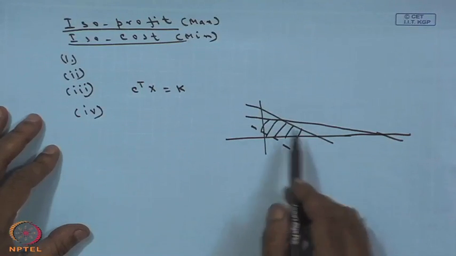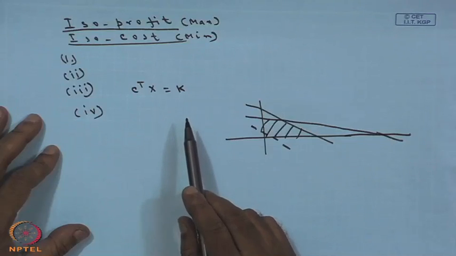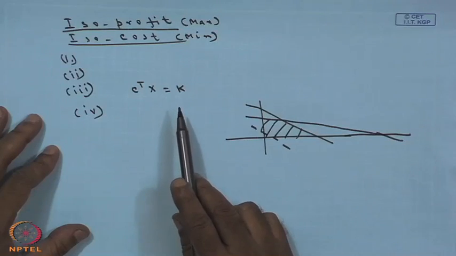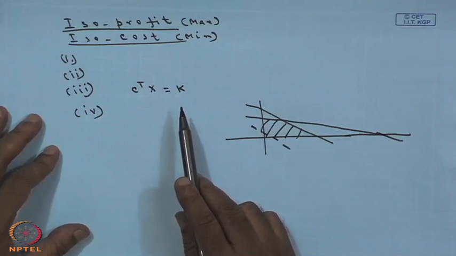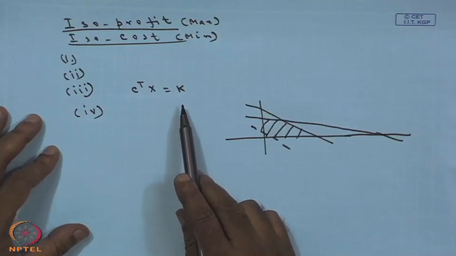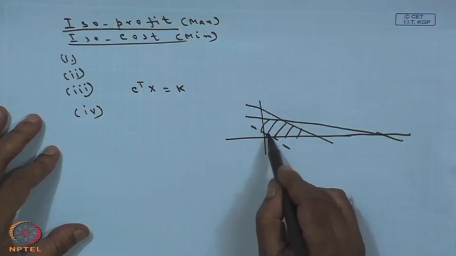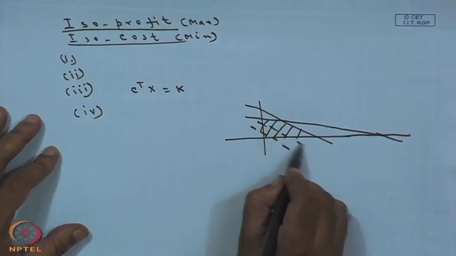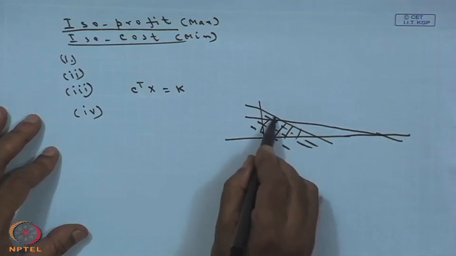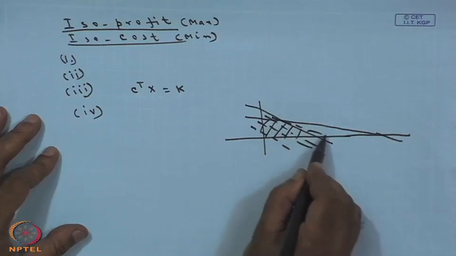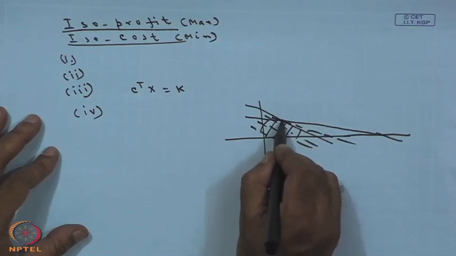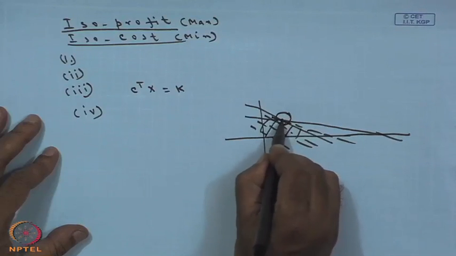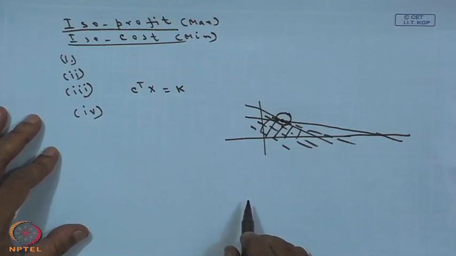So the value of k should be as large as possible, or, from the definition of hyperplanes also, you can say the value of k should be as large as possible, or the distance of this profit line from origin should be as large as possible. So you are moving it further and further, it may happen you are moving this way where it is touching at this point, and here you may get the optimum value.